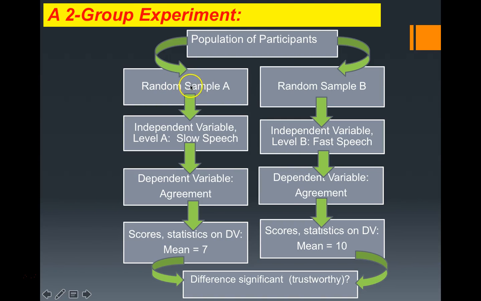Students, the participants in this group, hear a speech that has been prepared and delivered slowly. The average speech rate is about 150, 155 words per minute. The speech is delivered at 120 words per minute, which might be something like I am talking right now.